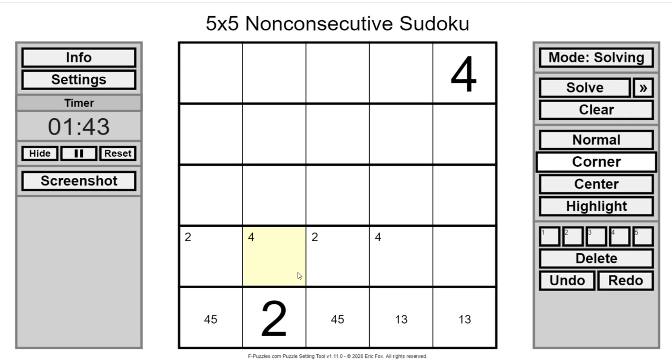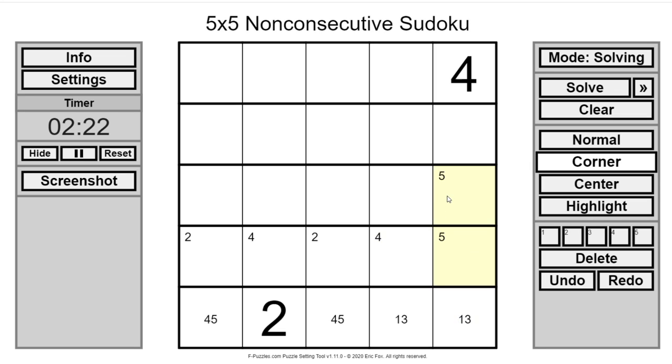Now a 4 here would force this to be a 5-3 pair, which I don't see a problem with right now. Here's something semi-interesting. This can't be a 5, and this can't be a 5.